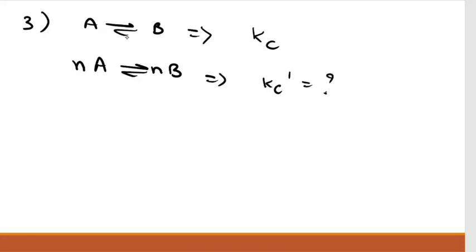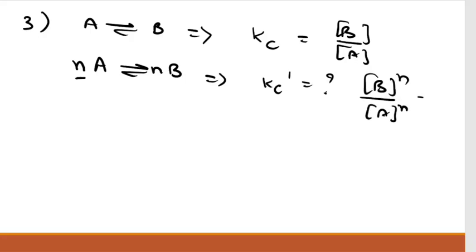What we have done here is we have just multiplied the equation with some integer or number n. And what is Kc for the original reaction? B by A, active masses being molar concentrations. And what is Kc dash for this reaction? B power n divided by A power n. That means you will get Kc dash as Kc to the power n, or not.